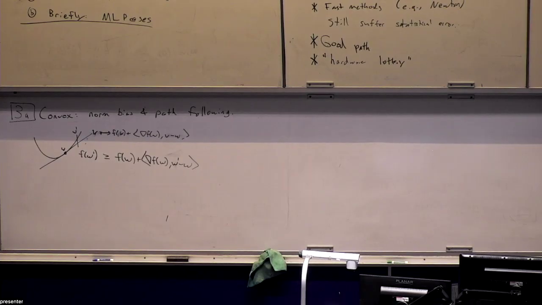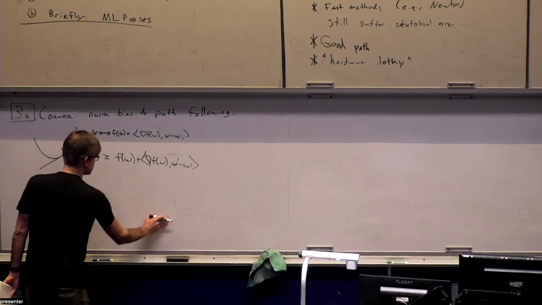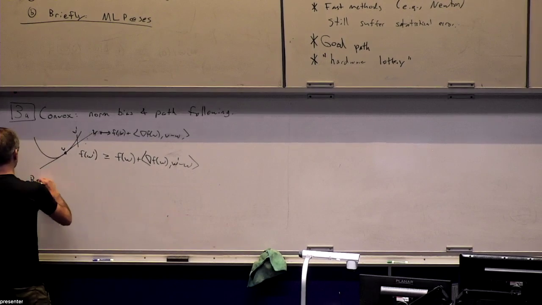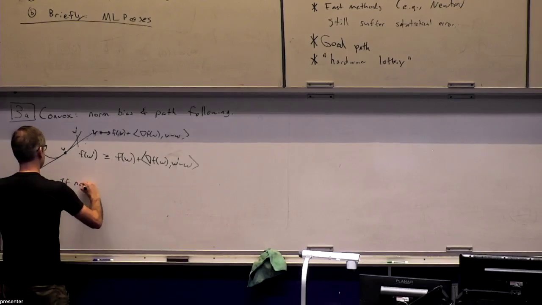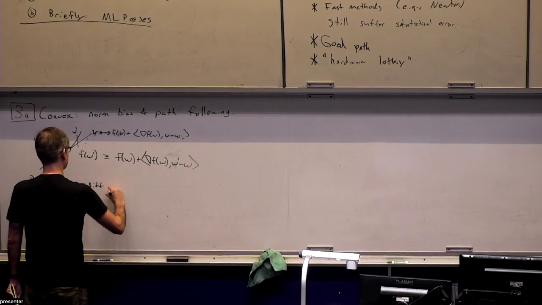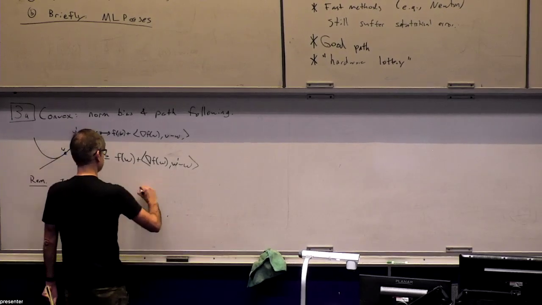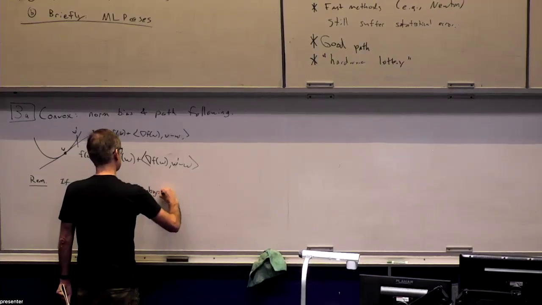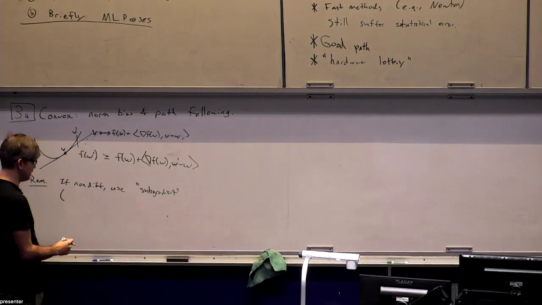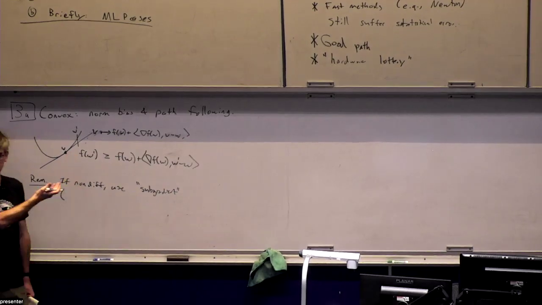Okay, so this is the only definition of convexity I'll use. And actually, since this is a summer school, let me just make two remarks. If the function is non-differentiable, you'll use instead something called the subgradient, and it is the set of slopes which satisfy this definition.